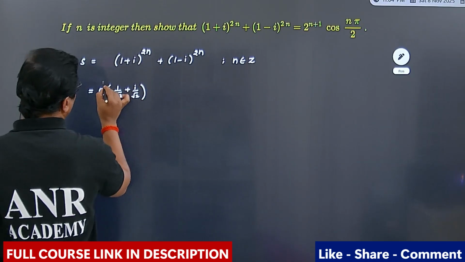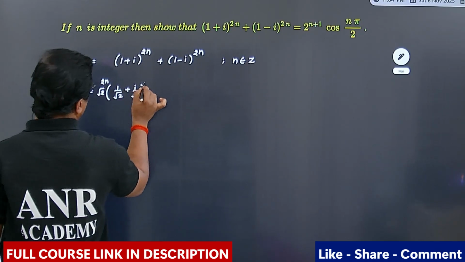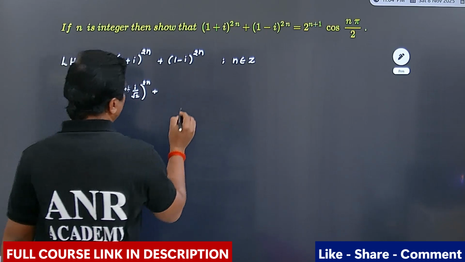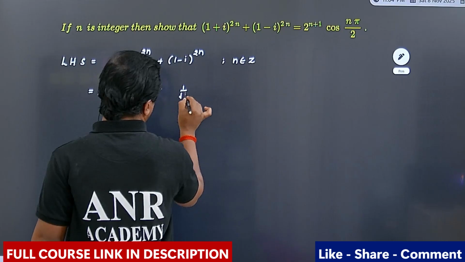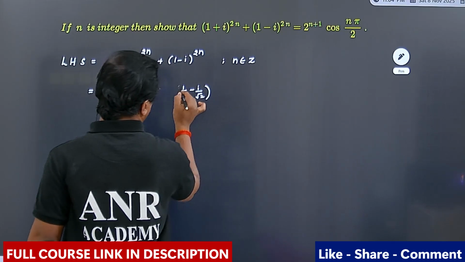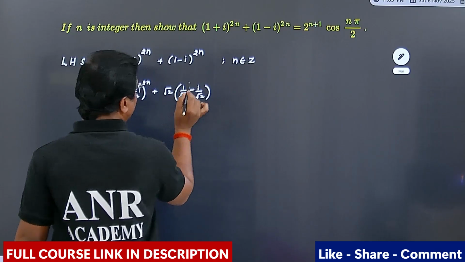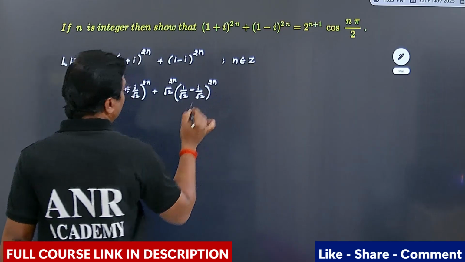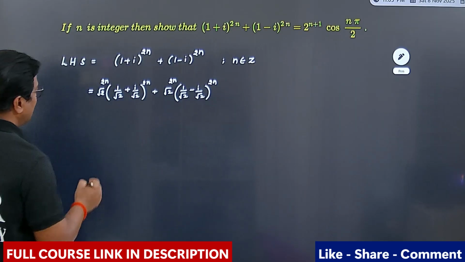Now apply power 2n here and here. Next, second one, also divide with and multiply with root 2 and now apply exponent 2n. Now what happens, observe.